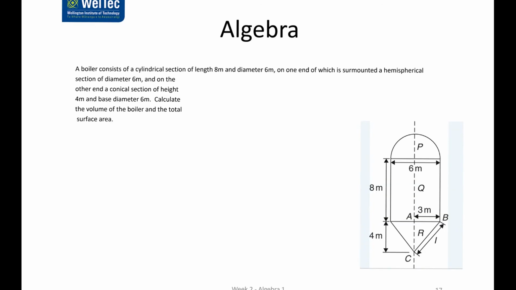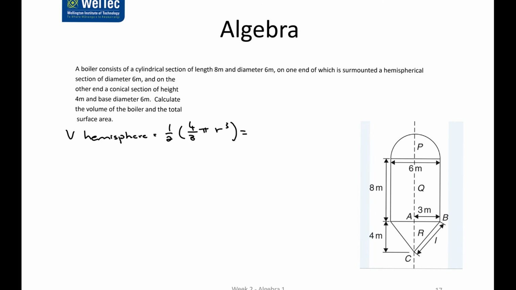Again, draw the diagram. I have done it for you, so let's just start. A boiler consists of a cylinder. It's got a hemisphere on the top, and it's got a cone at the bottom. Find the volume. Okay, let's do it in bits. The volume of the hemisphere is going to be 1/2 times 4 over 3 pi r cubed.